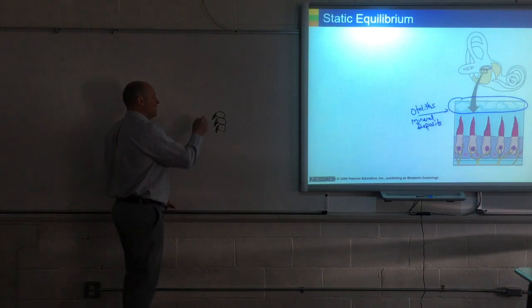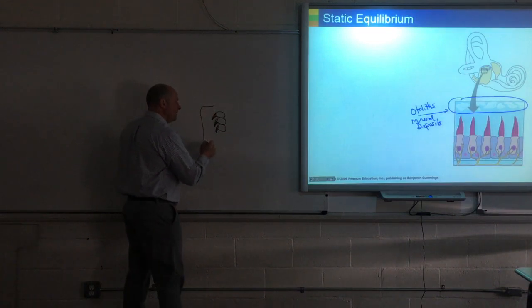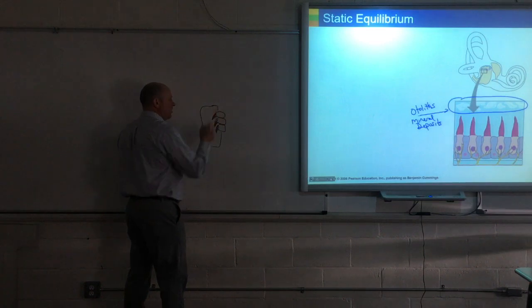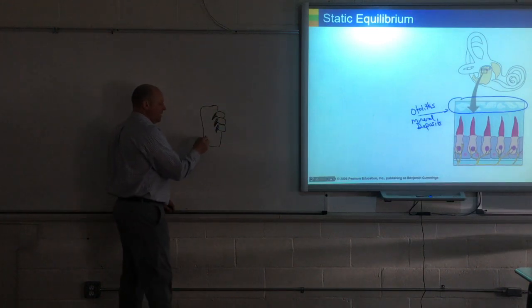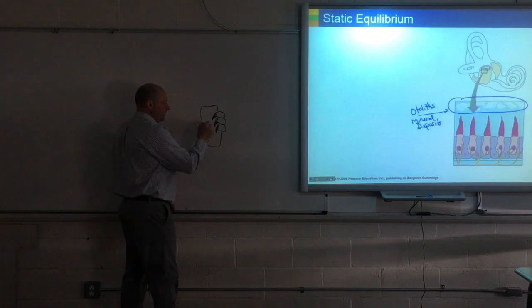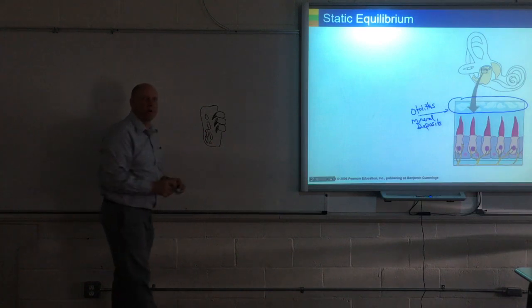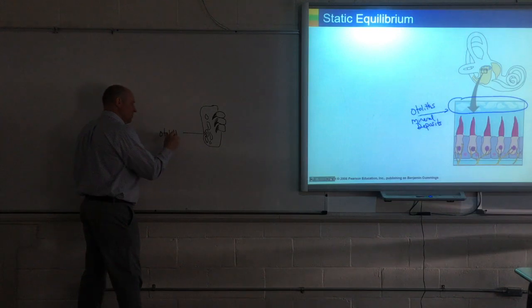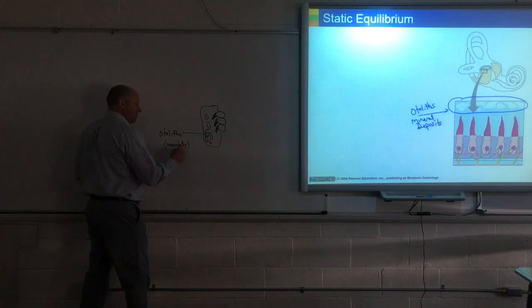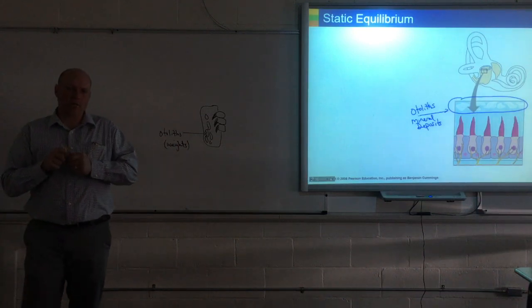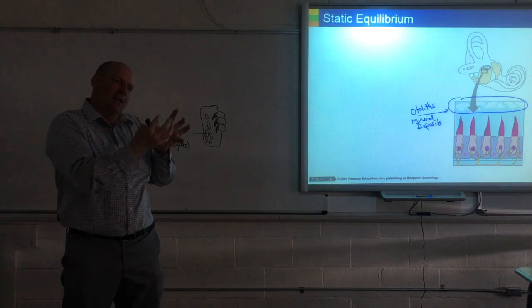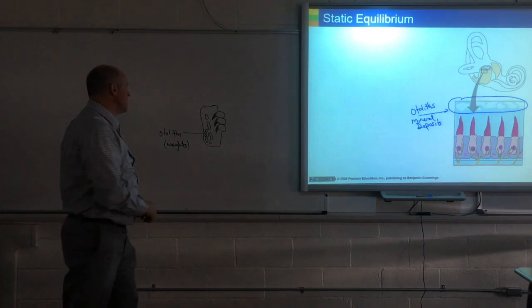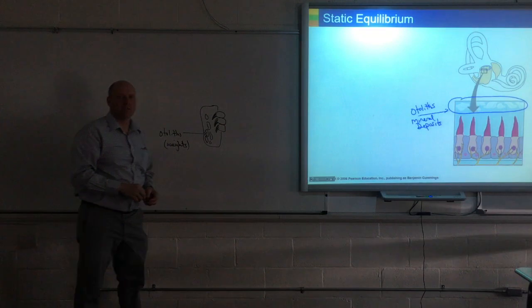So here's my hair cells, and here is this gel-like fluid that is around the hair cells, and then right here are what we call otoliths. And if you notice, the gel kind of slumps down. The otoliths act as weights. They have some weight to them, and they cause this gel to kind of sag. And as it does, it tweaks the hair cells.